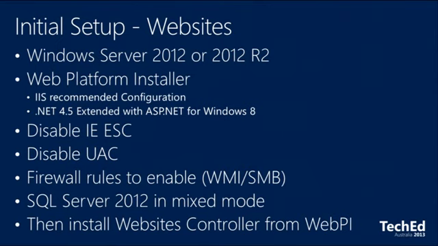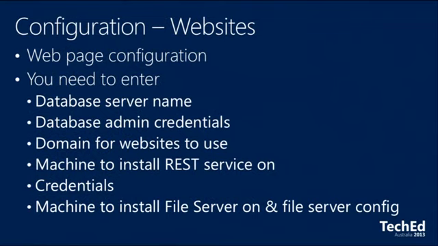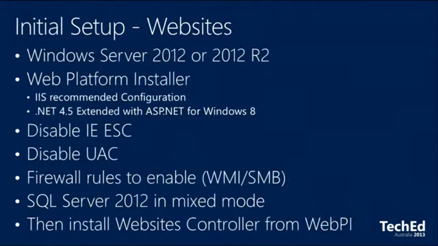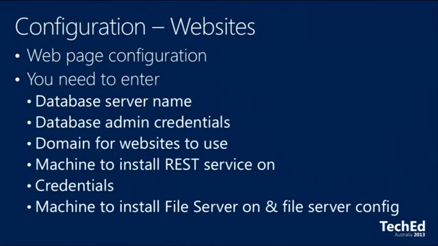And again, you need SQL Server, and you install the website's controller from the Web Platform Installer, and then you configure your database server name, admin credentials, the domain that you want your websites to come into, and then you need to provide the machine that you're going to install the REST service on, and a machine you're going to install the file server on, and away you go, and it will spin those things up for you.